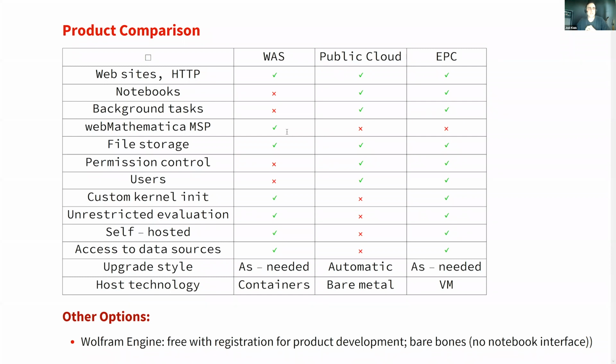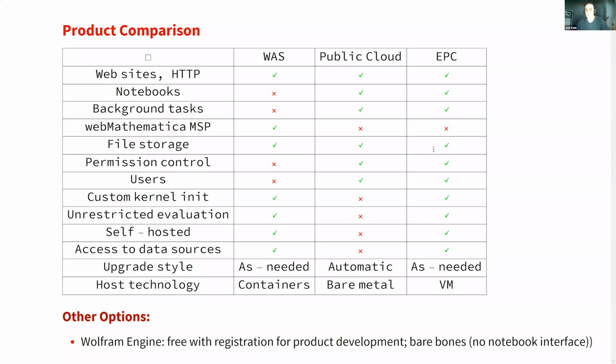Since WAS is based on Web Mathematica, there are plenty of people using MSP, the Mathematica Server Pages that are available in Web Mathematica. It does support that. The cloud does not support that. There are definitely ways to get the same functionality in cloud, but if you have legacy MSP pages that you've invested a lot in, WAS is the choice there.